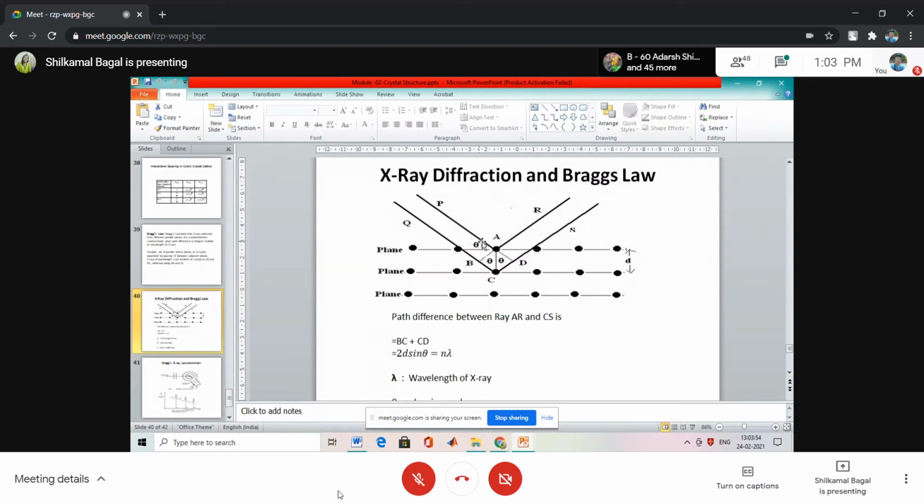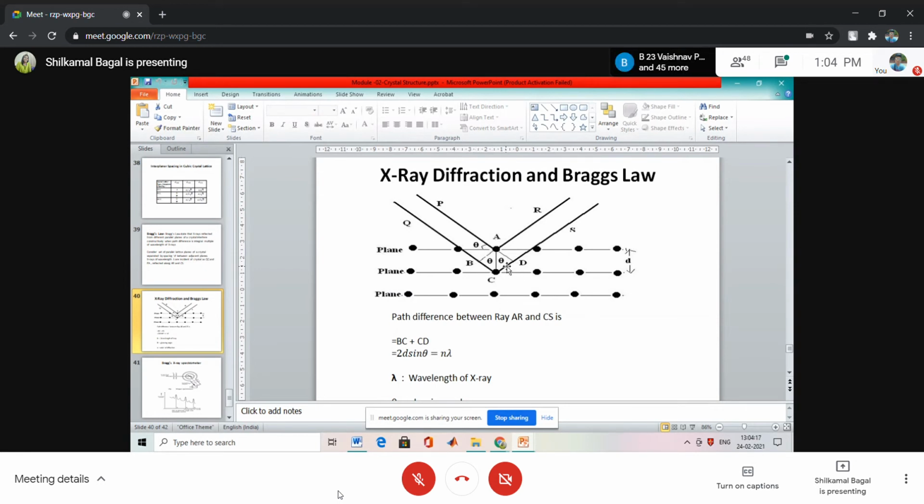So we have considered these two X-rays incident on the first and second planes respectively. They will reflect along AR and CS. Then we have to find the path difference between these two reflected rays from the successive planes, and from the geometry of the diagram it is BC plus CD.